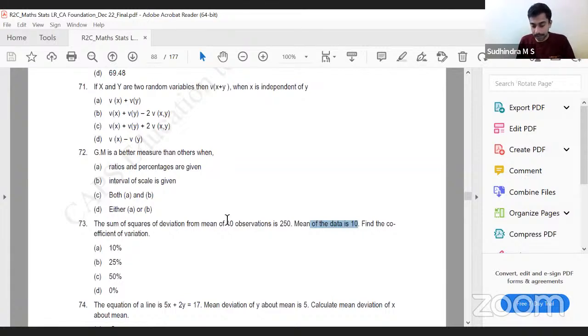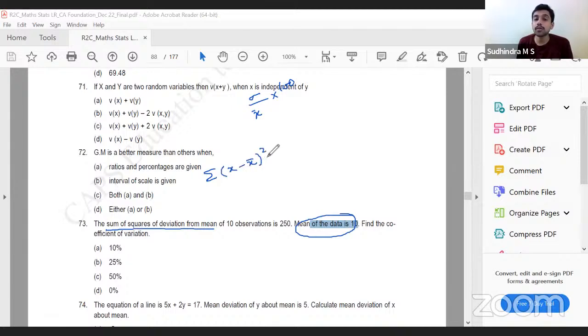Now, for calculating coefficient of variation, we want standard deviation by arithmetic mean into 100, of which arithmetic mean they have already given: mean is 10. What is this? Sum of squares of the deviation from the mean, summation of x minus x bar the whole square. This is 250 they have given. N is 10.